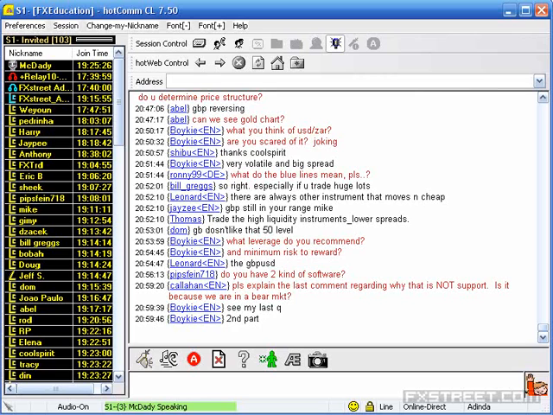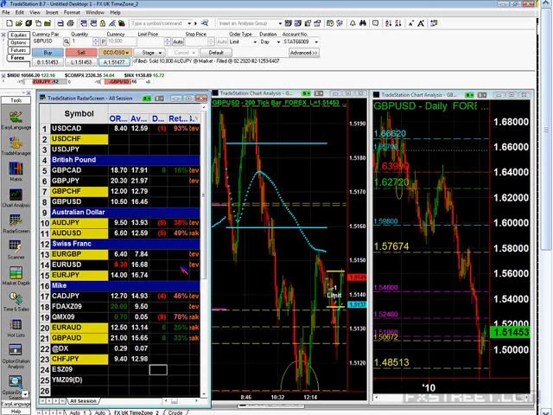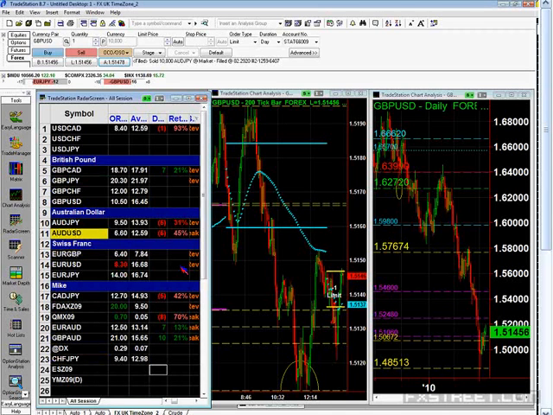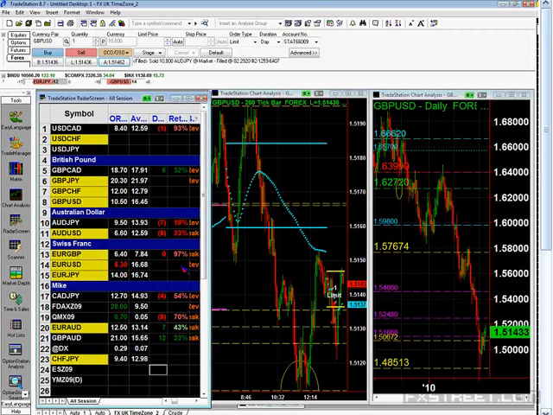It is not support, Callahan, because, again, it's a bear market. The key to knowing what to trade now is to trade in one specific direction. You need to be taking trades in that specific direction. When the market is bearing down and you buy support, Callahan, you're catching a falling knife.